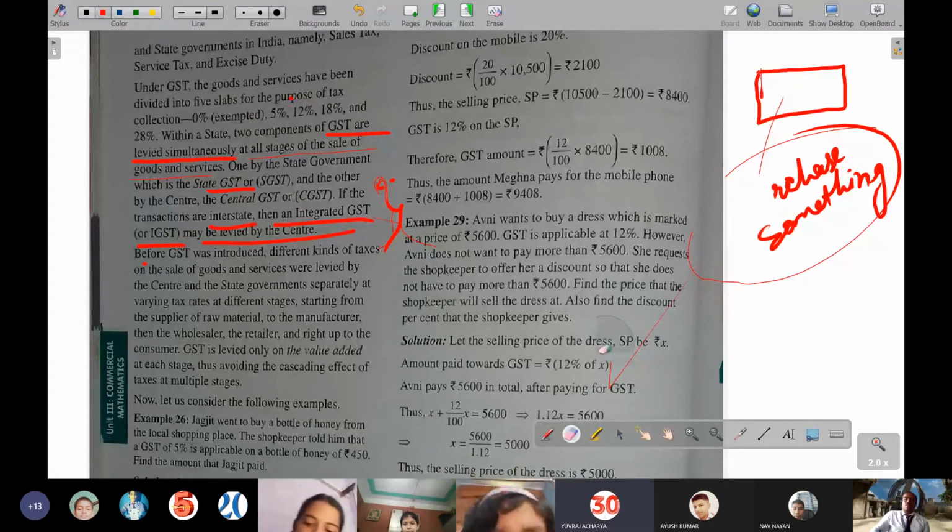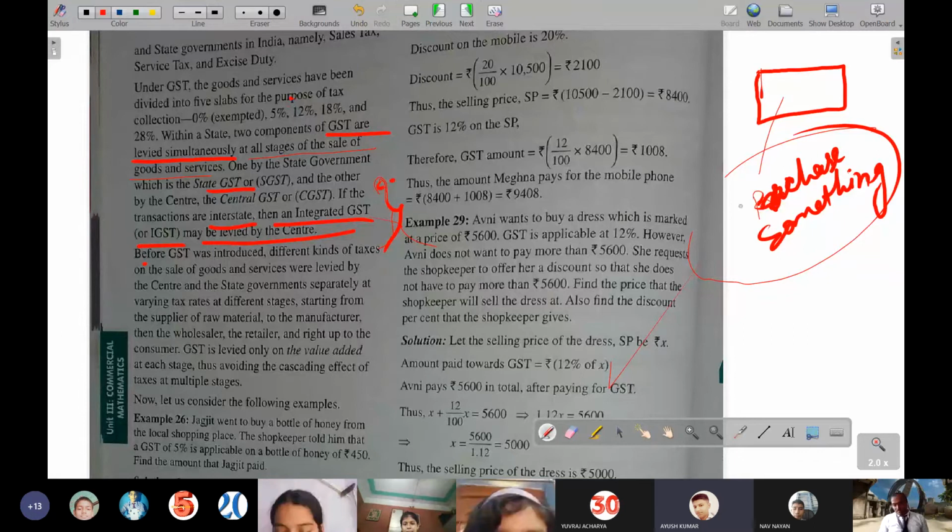Okay. But on the item it is written, sir. Yes, on the item it is written, included of all taxes. On prices it has been written, like if you are buying at 474, then it is included of all taxes.